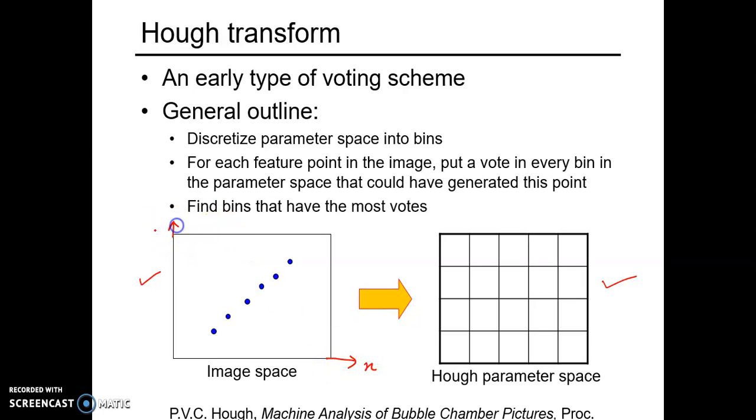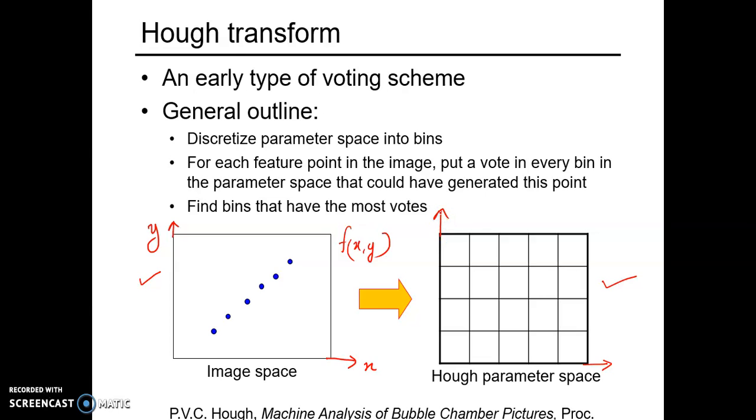We always represent images using the function f of x, y, that is, an amplitude depending on the two independent variables x and y. So x and y are the axes representing the image space, and correspondingly you will have axes corresponding to the parameter space.